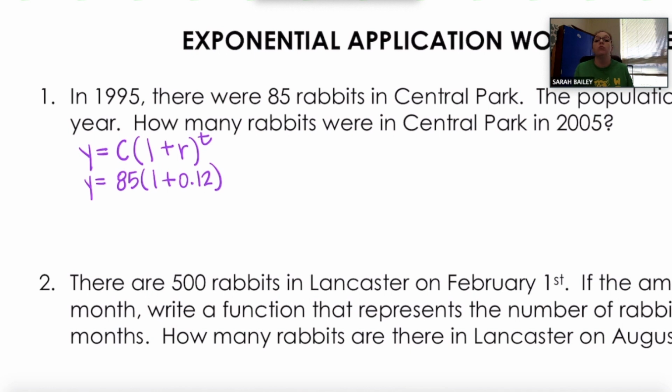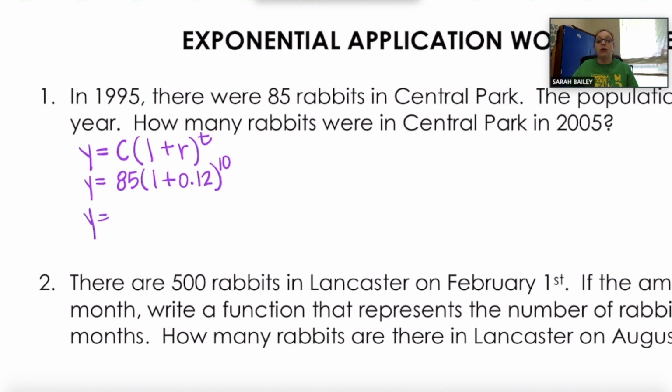How much time? Well, we started off with the amount in 1995, and we're asking how many are going to be in the park in 2005. So from 1995 to 2005 is a period of 10 years. So for t, I'm going to put a 10.